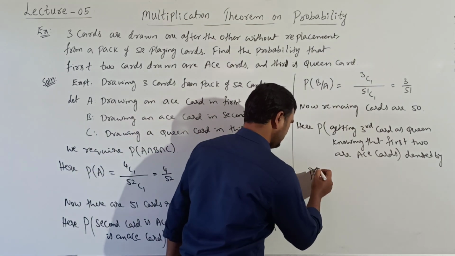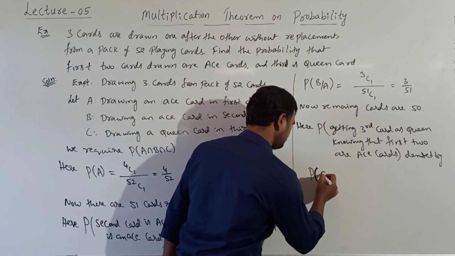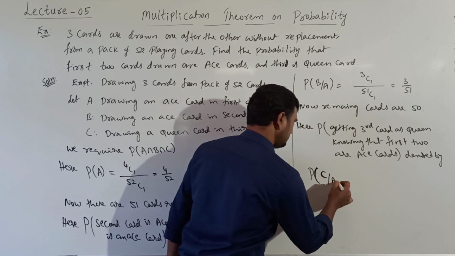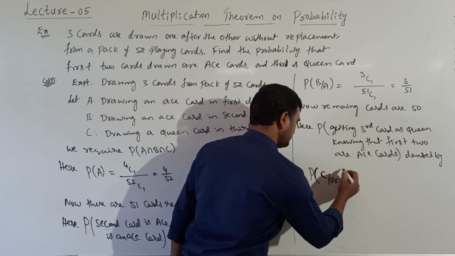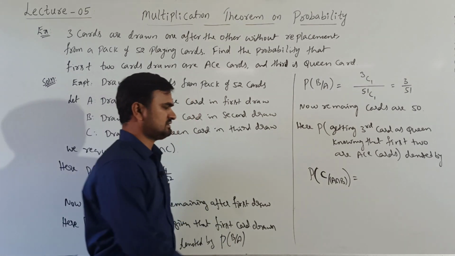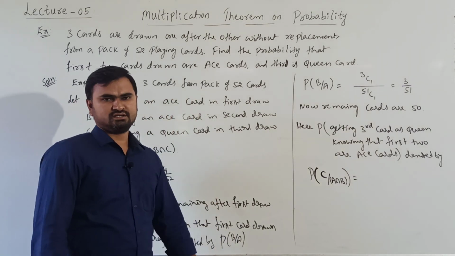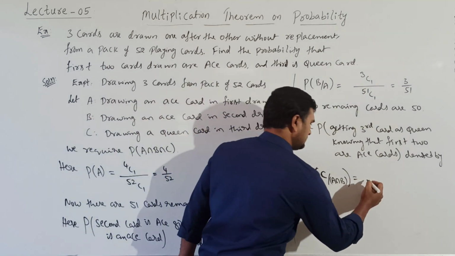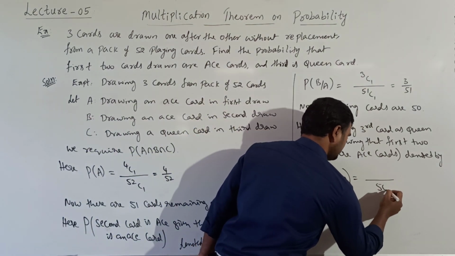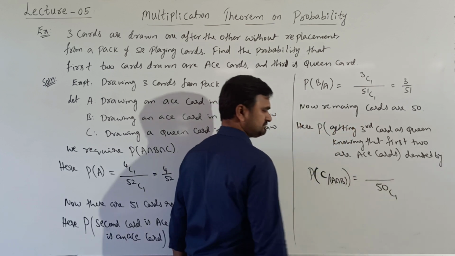So we need the probability of C, given that the first two have already occurred. So for getting the third card as queen, there are total 50 cards remaining. In that we are selecting one card.